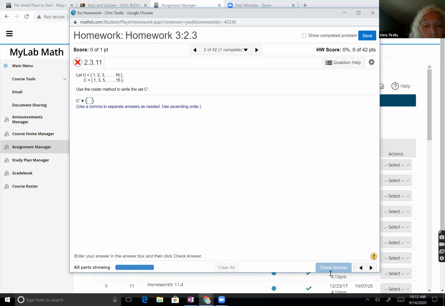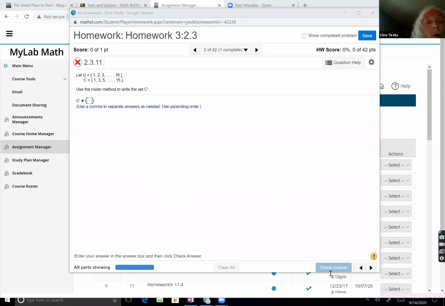But now let's look at this question. The first set are the numbers 1 through 16. And if you look at the second set, do you see it's 1, 3, 5? It's the odd numbers through 16. When I see that C with the apostrophe, that means C complement.